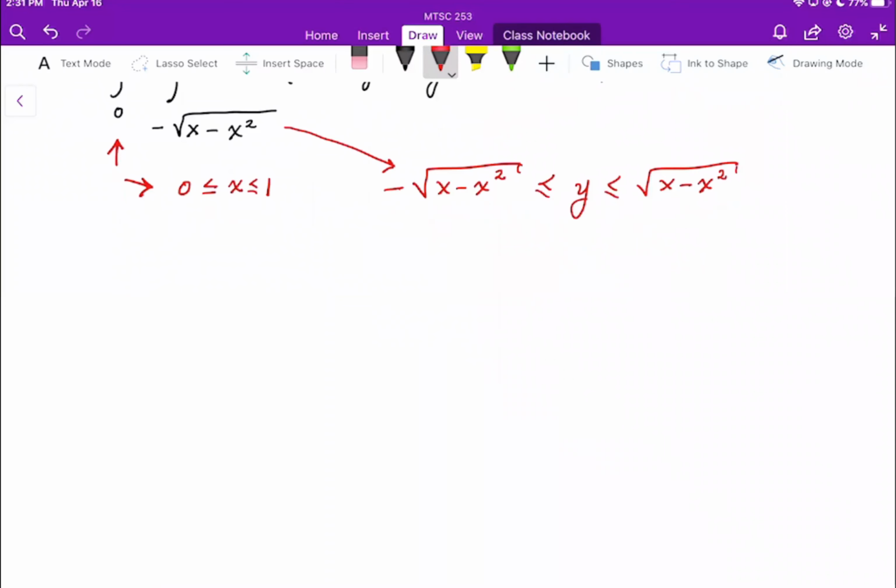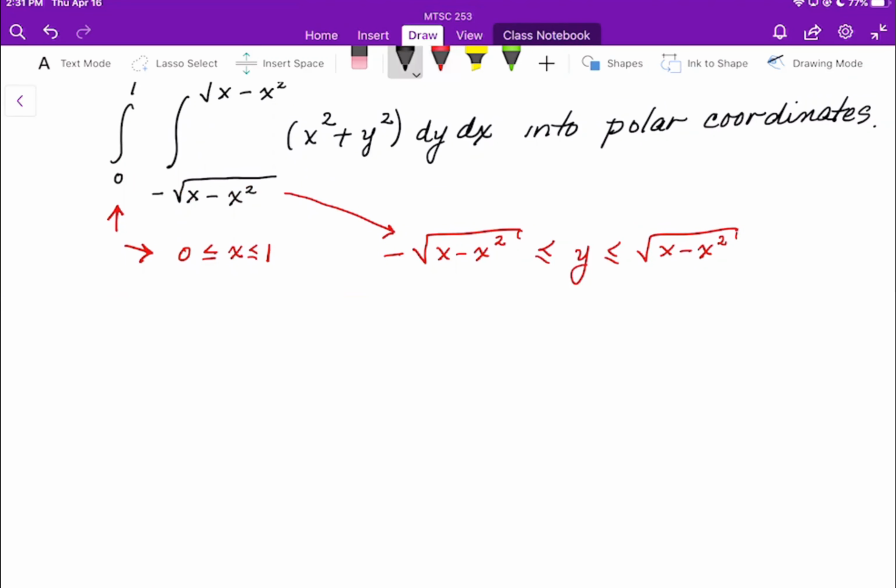Okay, so let's work with this second part. If I were to square that, I would get y squared is x minus x squared. So I get x squared plus y squared minus x is equal to 0.